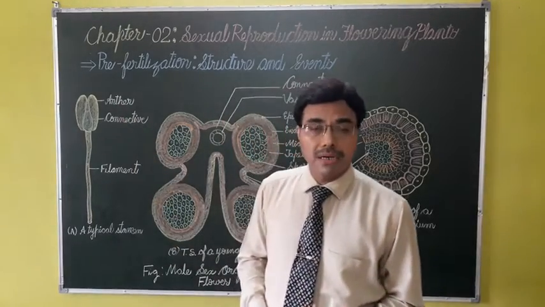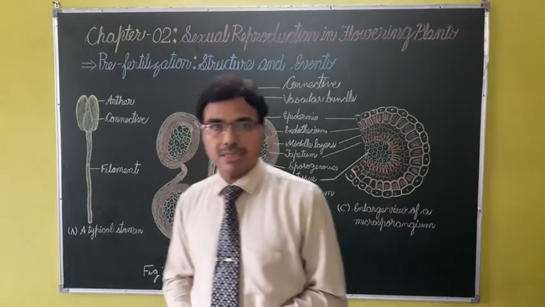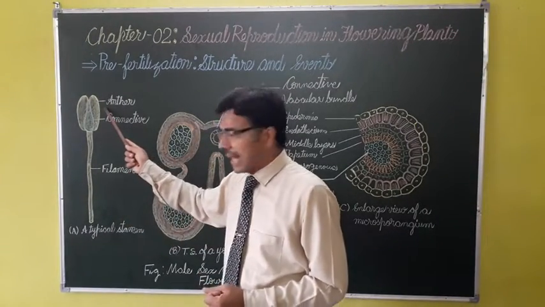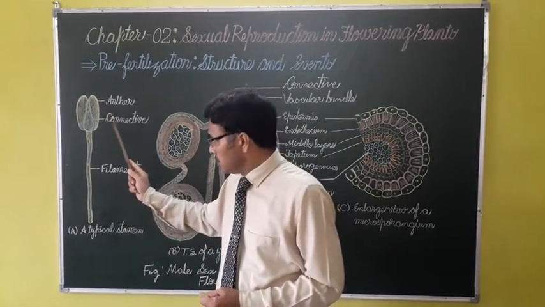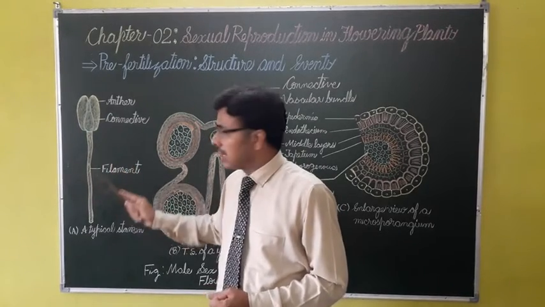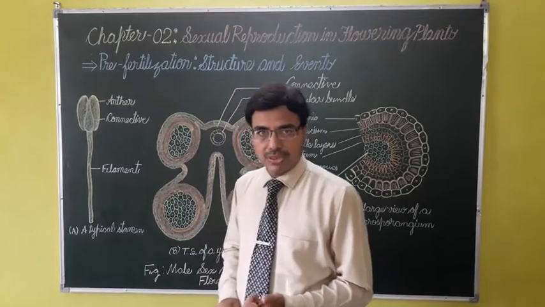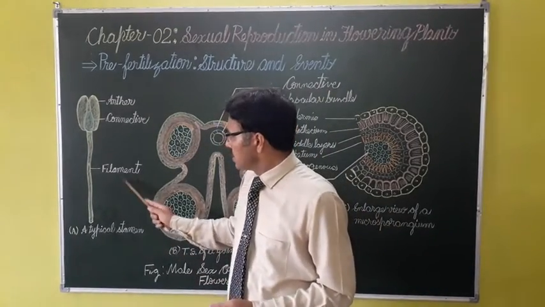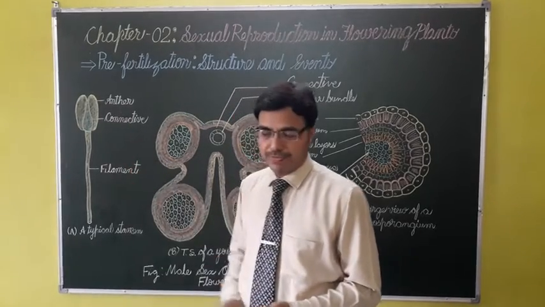A typical stamen has three parts: stalk-like filament, then anther, and the tissue which connects the two lobes of anther, it is called connective. Again I am repeating: filament, anther and connective.